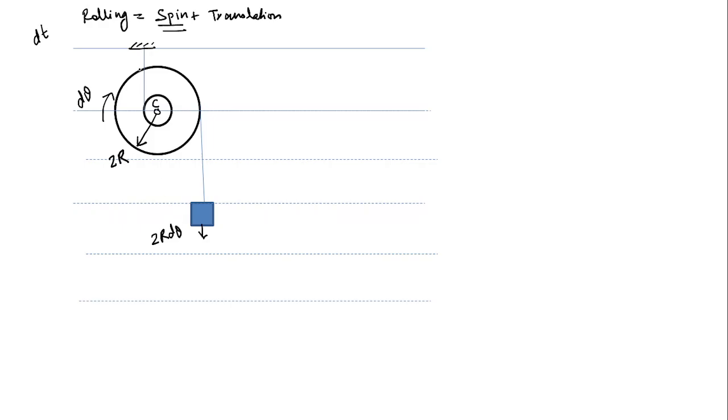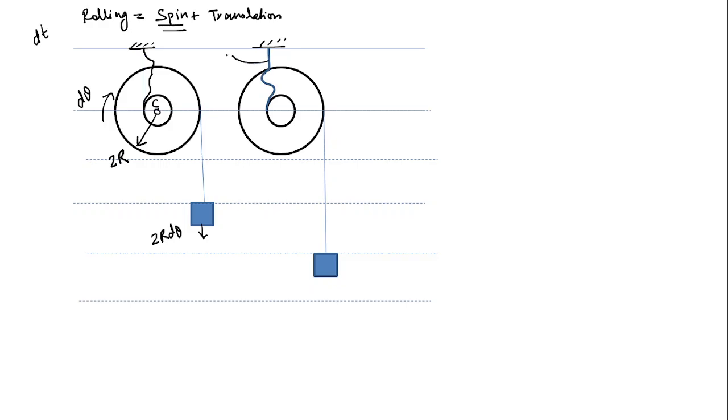And what will happen to this string? Actually, because of the rotation, and since the pulley is not allowed to translate, this string will become a bit loose, something like this. Okay, so the situation is something like this. Here this is the ceiling, and what is the length of this loose string? If the initial length is L, then the length of this string will be L plus r d theta. r d theta is the extra string which got unwound because of the spin.